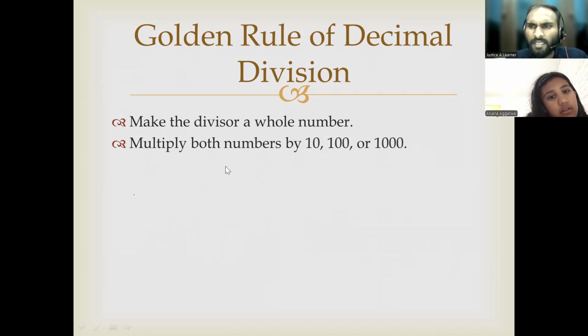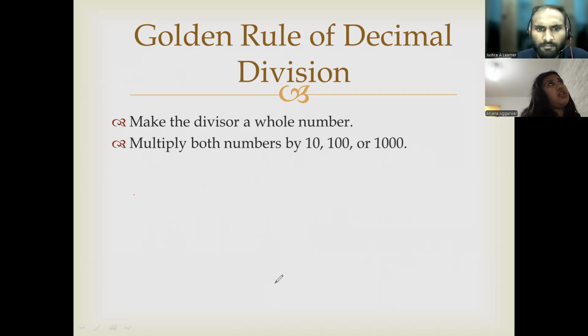Next question: 3.43 divided by 7. 0.49. The question was 3.43 divided by 7.